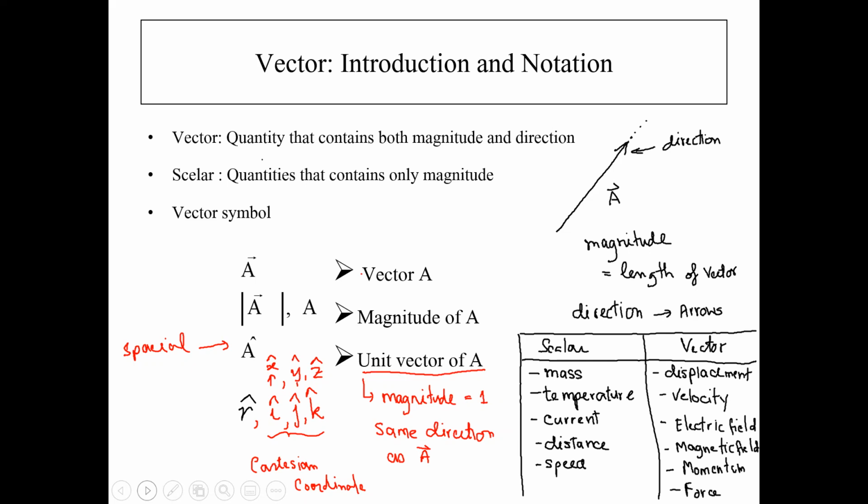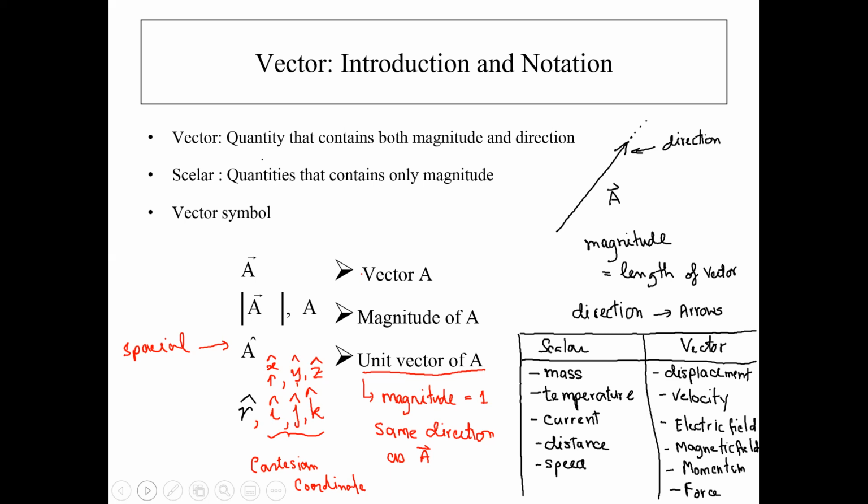The symbol for a vector is a capital letter or small letter with an arrowhead on top, and we read that as vector A. The letter without the arrowhead on top is the magnitude of A, or sometimes you put an absolute value sign around it. A special vector is A with a pointy hat on top.